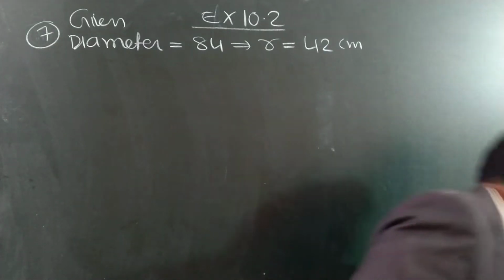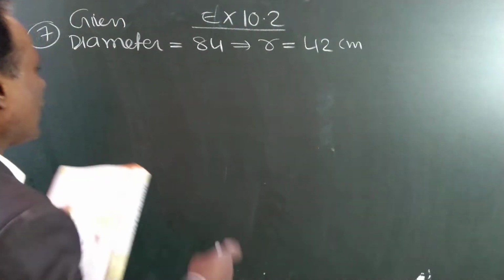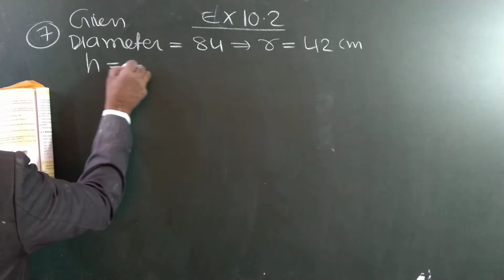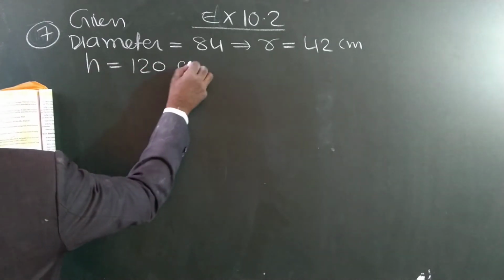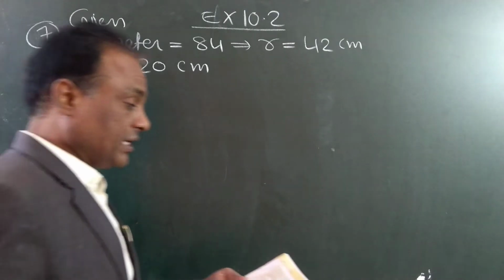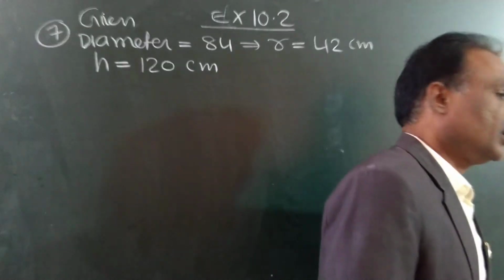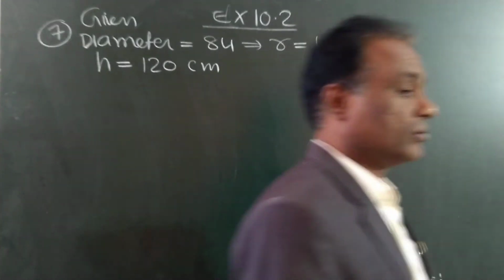Length or height, both are equal. So I am not using the word length, I will use height only. H is equal to 120 centimeters.